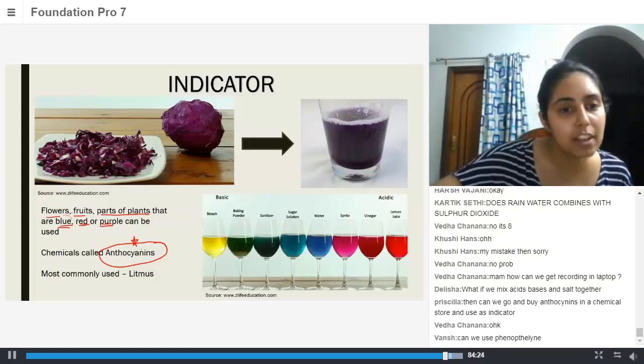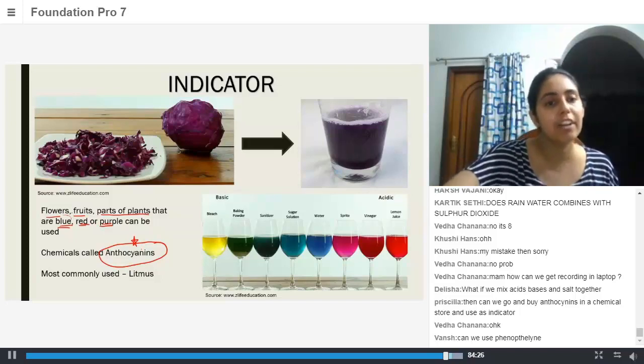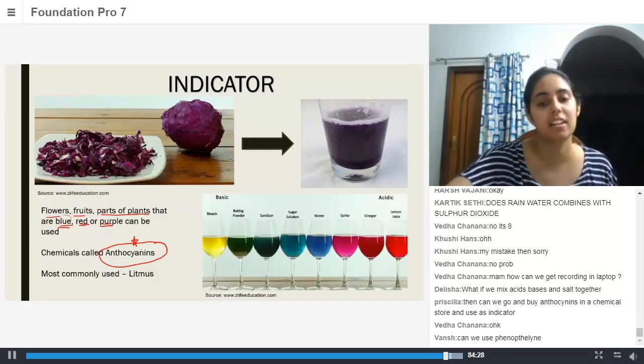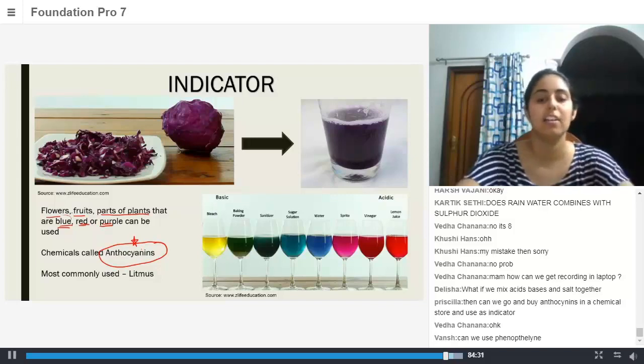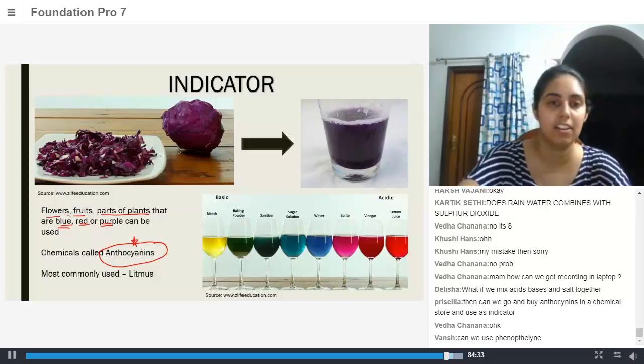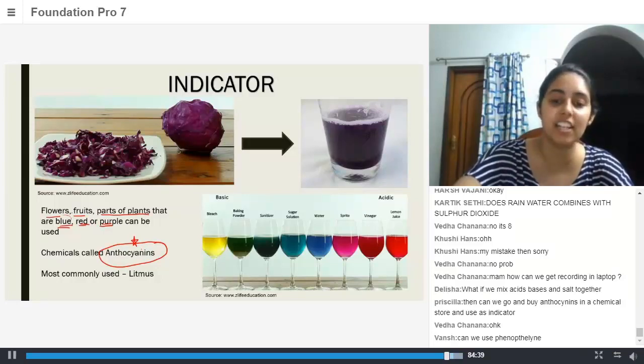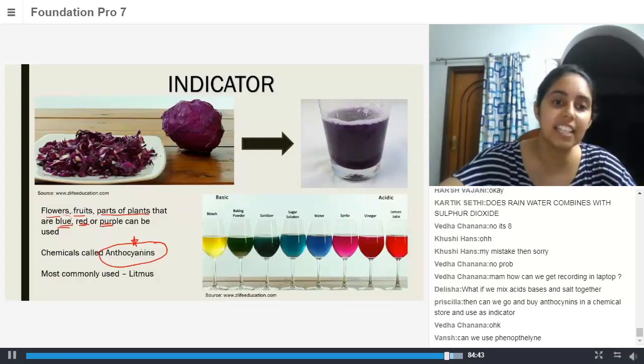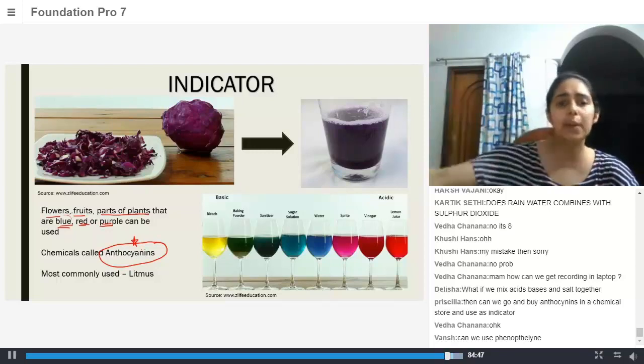Can we use phenolphthalein? Okay, Vansh, what is phenolphthalein? Ma'am, in our NCERT book, we studied an indicator, phenolphthalein, a man-made indicator. Okay, yes, you can use phenolphthalein. So you can have multiple indicators.